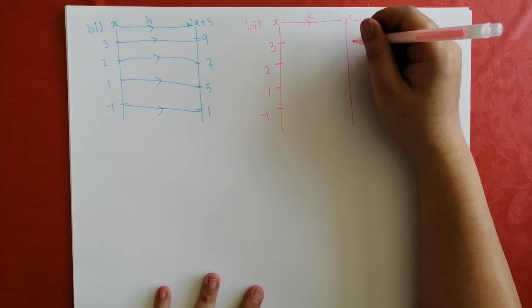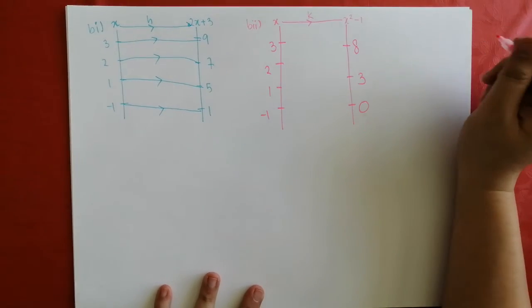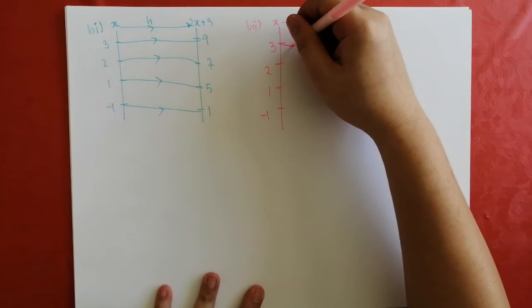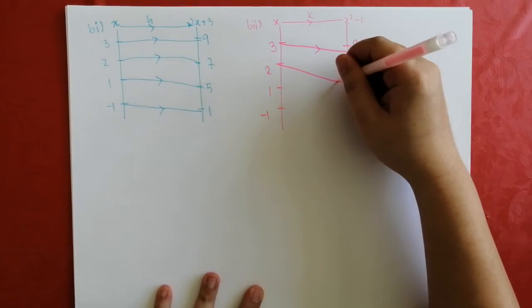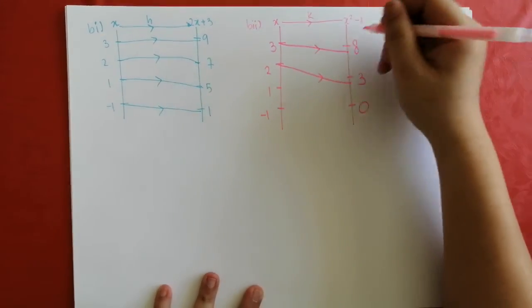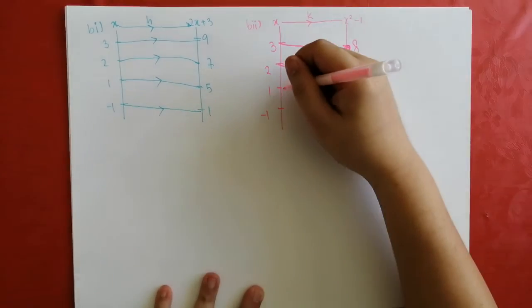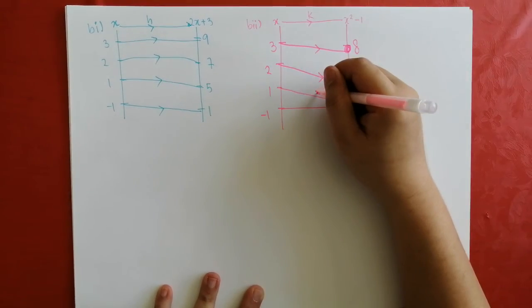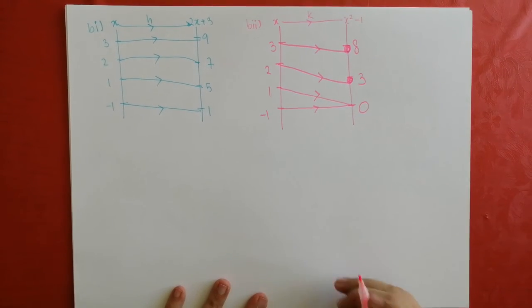Your range will be 8, 3, 0. So map the object with its respective range value. Please map it correctly. So this one should be there. Then negative 1 and 1 are mapped onto 0. That will be your arrow diagram.